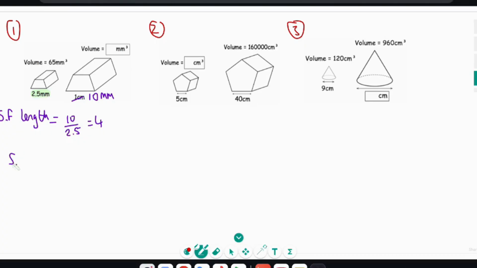Scale factor for volume then. We need to cube our 4. 4 cubed is 64. Small to big, times by 64. 4,160.